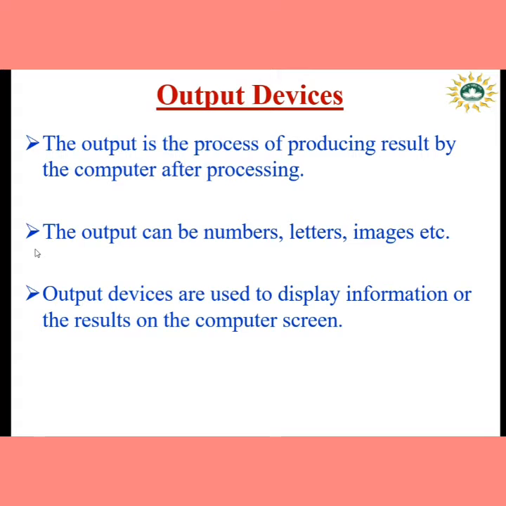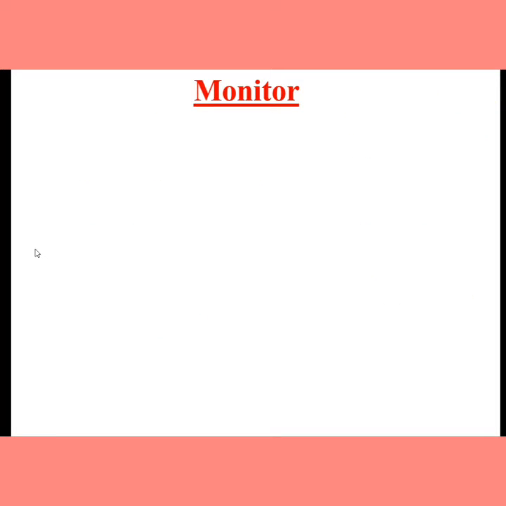Clear? Now next come to monitor. First I will discuss about monitor. So what is a monitor? I think all of you have seen the device that looks like a TV screen attached with the computer. Computer এর যে device TV screen এর মতো দেখতে হয়, the device is called monitor.